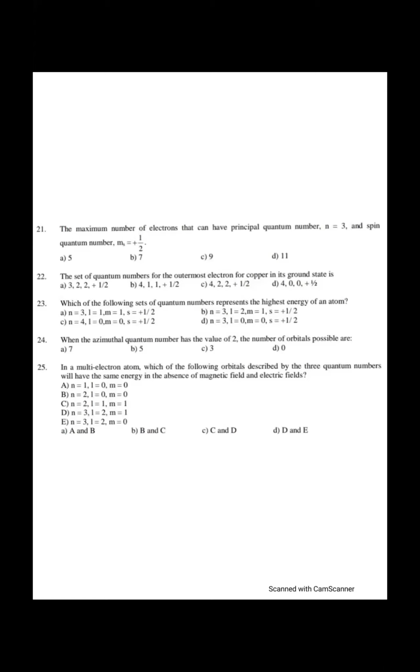Yes, Anand, tell me. I hope this is clear to you all. The correct answer is option C, that is 9.